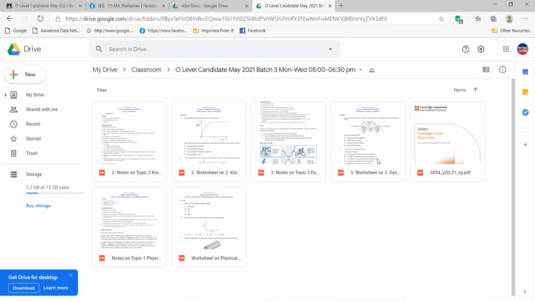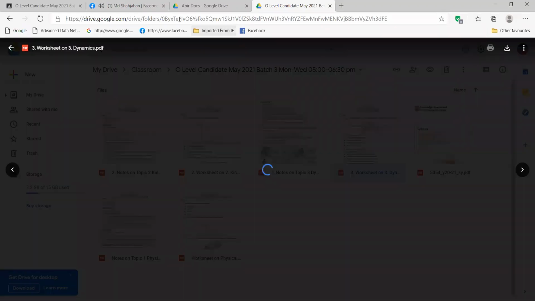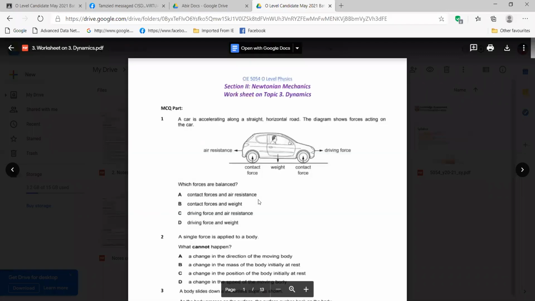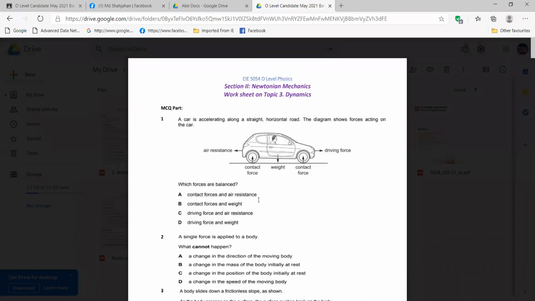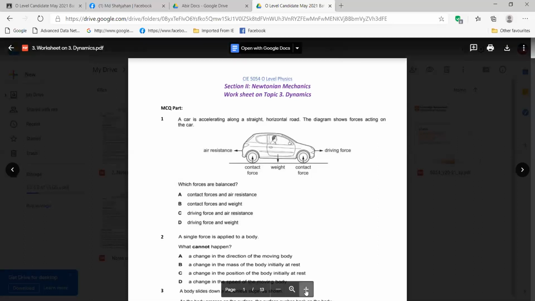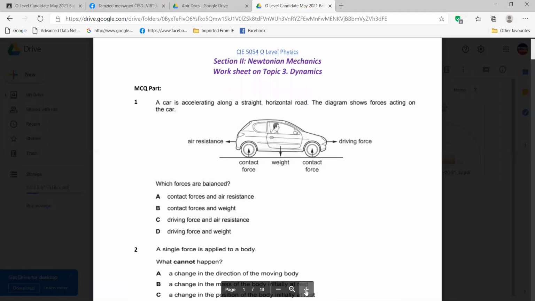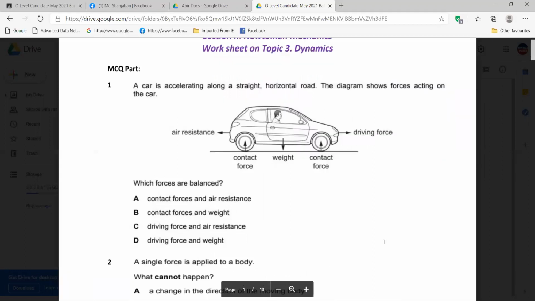Worksheet 3. Can you see the screen, the questions? Yes, sir. Question one you got wrong, right? You gave C. Which forces are balanced?